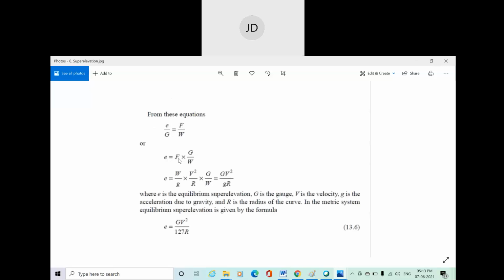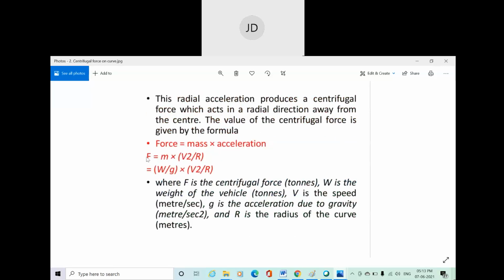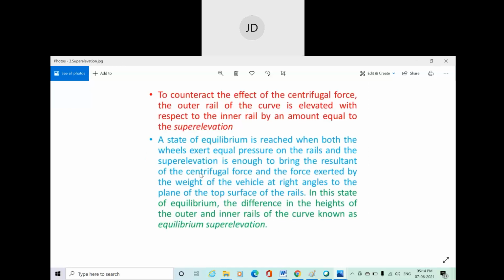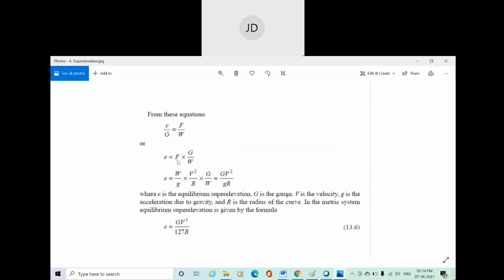We already discussed what centrifugal force is. F is equal to W by g multiplied by V square by R, right? So in place of F, we can write W by g into V square by R, multiplied by G by W. So finally, we get G V square by gR. So super elevation equal to G V square by gR.